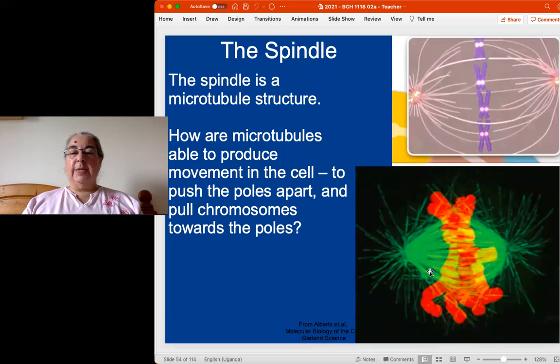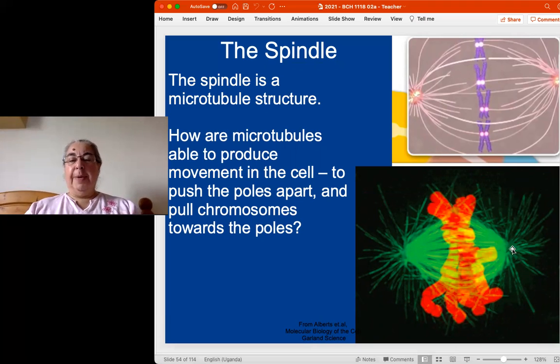We've talked about the spindle pulling the chromosomes towards the two poles of the cell. How are they able to do that? How are they able to push the poles apart? The spindle sort of lengthens the cell, makes it longer and thinner. And how are they able to pull the chromosomes towards the poles?